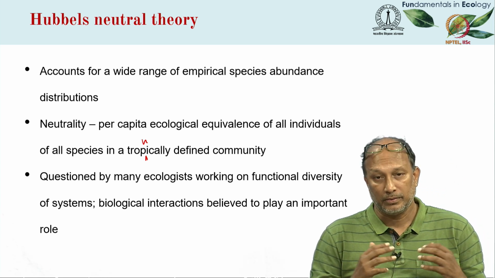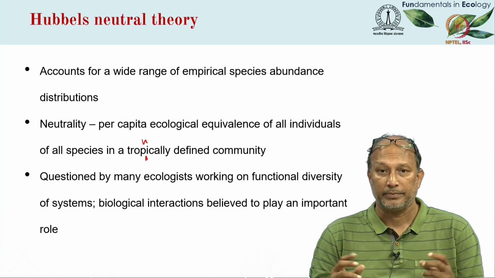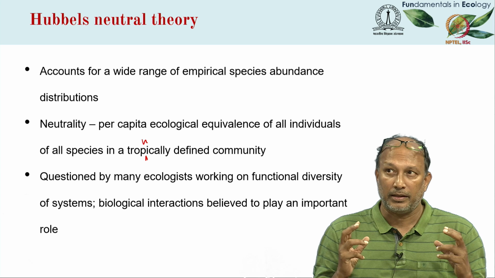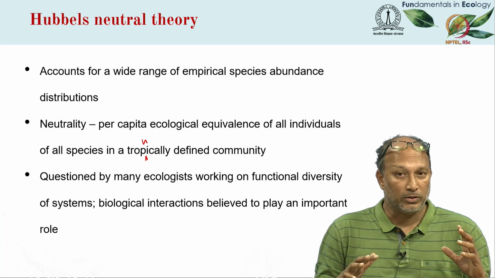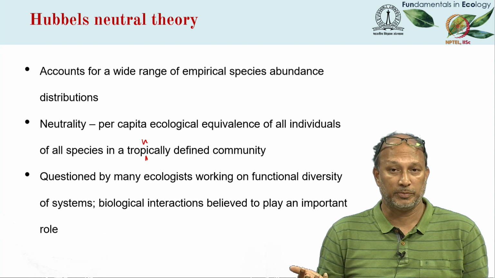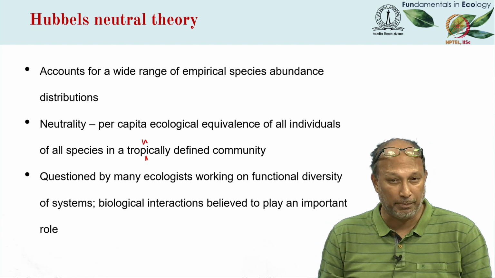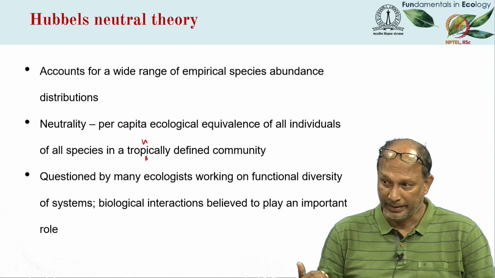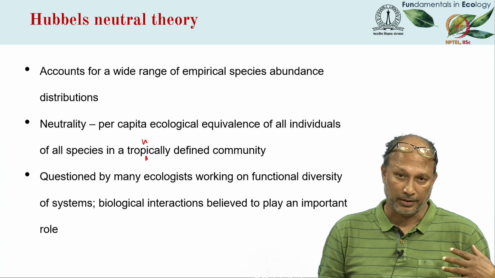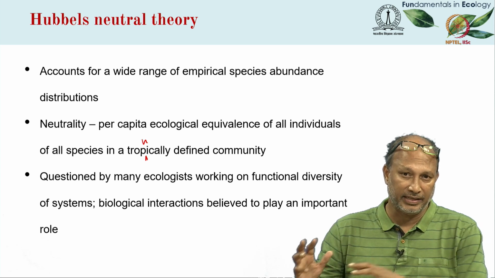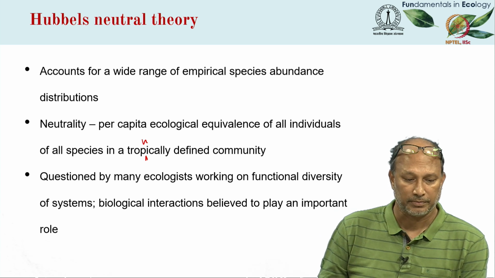And to Hubbell, the power of this theory was that, assuming ecological equivalence, we could use immigration rates and speciation to produce the patterns that we see in nature and explain the patterns that we see in nature, and therefore infer that these are the primary processes driving these relative abundance patterns that we see in communities.